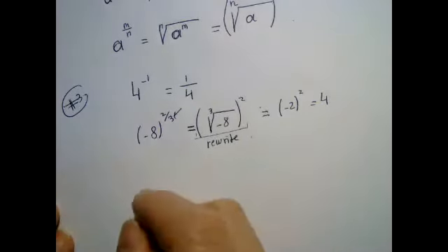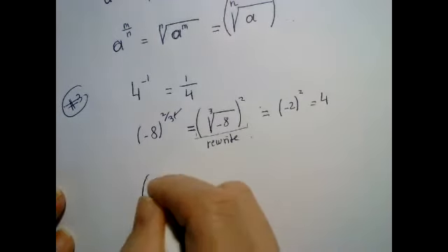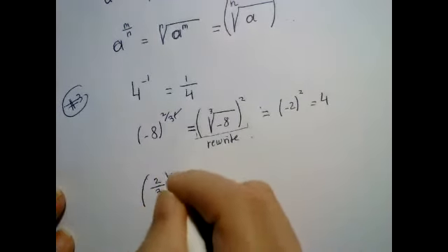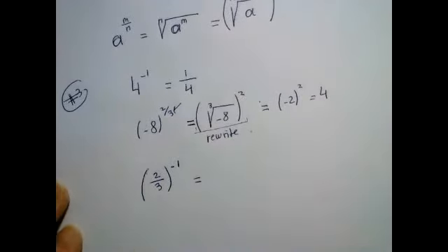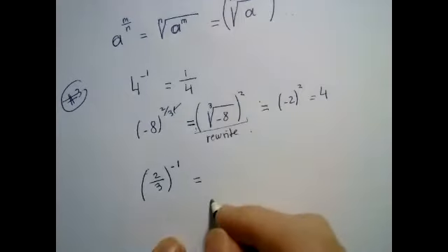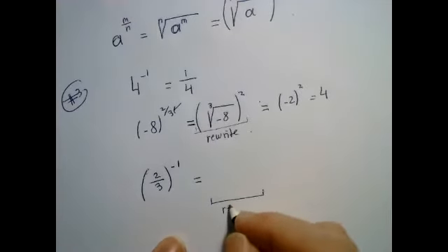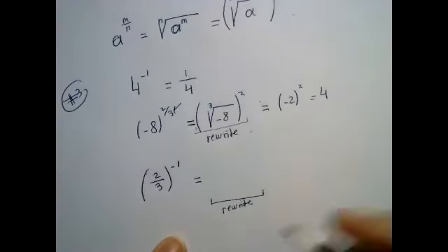This one is a little bit harder: 2/3 to the -1. First, I want it to be rewritten and then simplified. If nobody puts anything on chat, I will pick one of you. First rewrite so that no negative exponent remains, and then we're going to simplify.